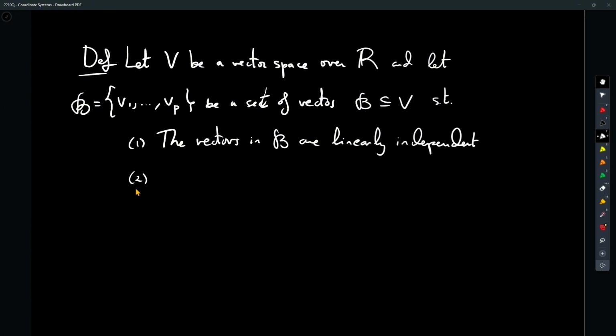And two, the vectors in B span all of V.